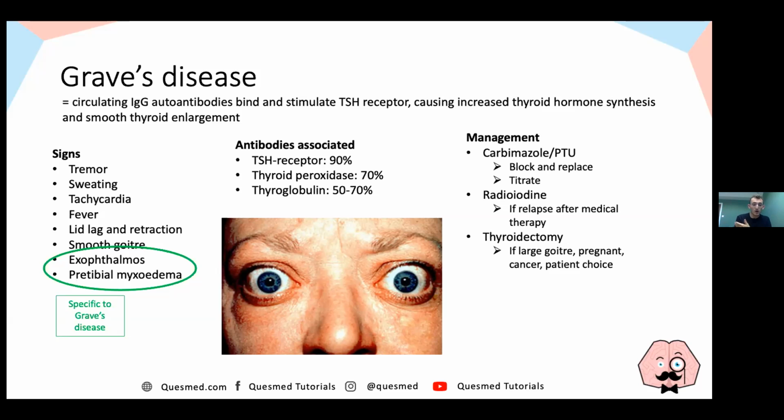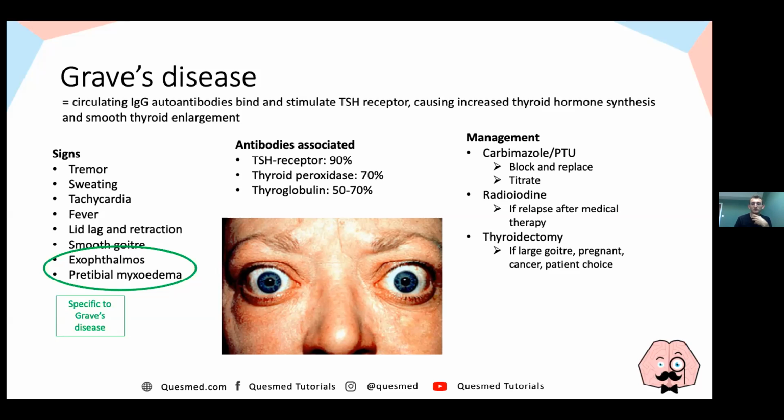If after that therapy you relapse, you can also have radioiodine, which is taken up by the thyroid, and because of its radioactivity, it prevents the thyroid from creating thyroid hormone.